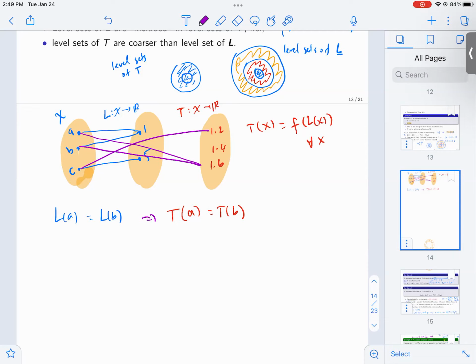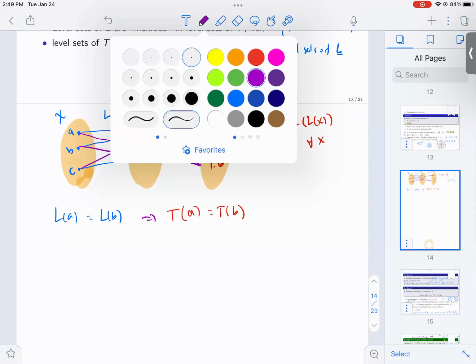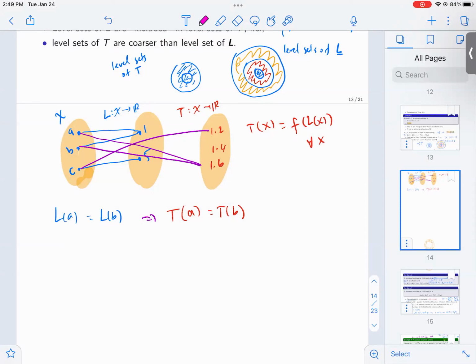So there is a function and you can find it. What is that function? If I map 1 here to this and 5 here to that, that's my F. So I can construct a function that does that composition. Does that make sense? Okay, yes.